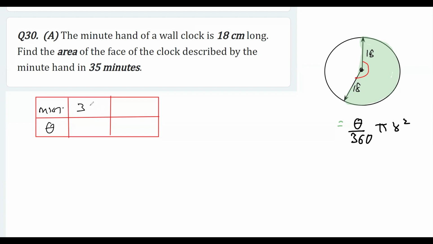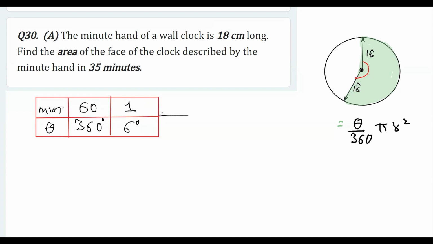As you must be knowing, in 60 minutes the minute hand does one complete revolution, so in 60 minutes it makes 360 degrees. So in 1 minute, it should be 360 divided by 60, that is 6 degrees.